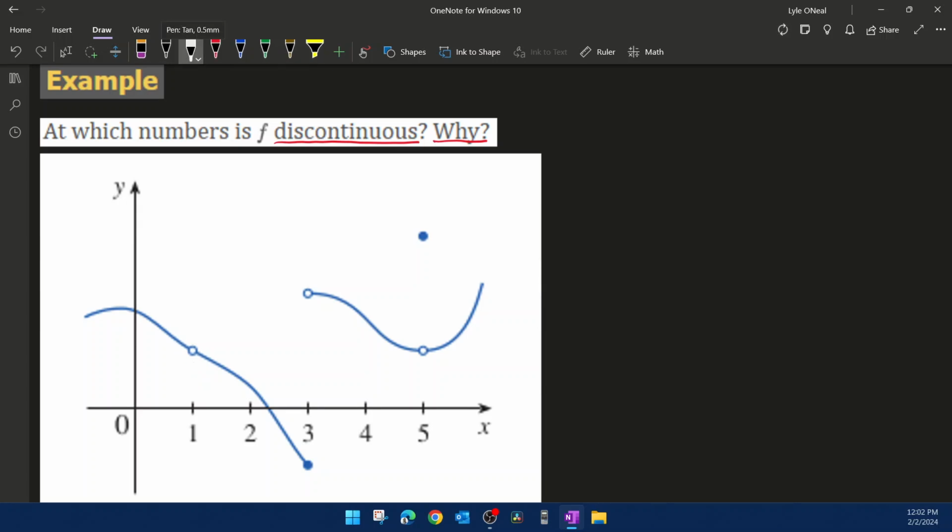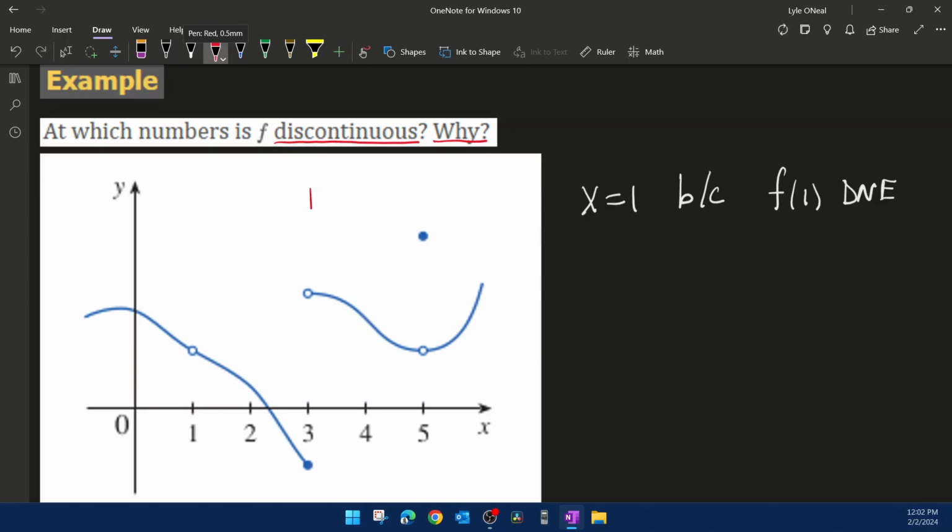So our first answer would be x equals 1, and then because, this is my abbreviation for because, we would say that f of 1 does not exist. That function value doesn't exist. That's why it's not continuous.